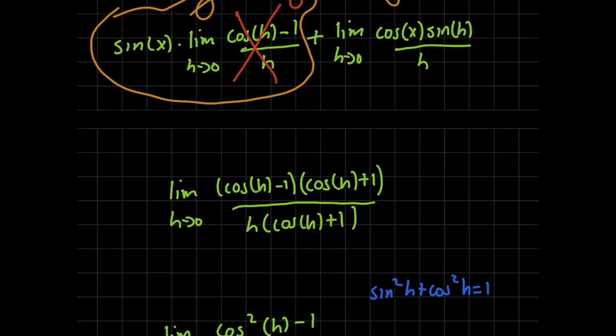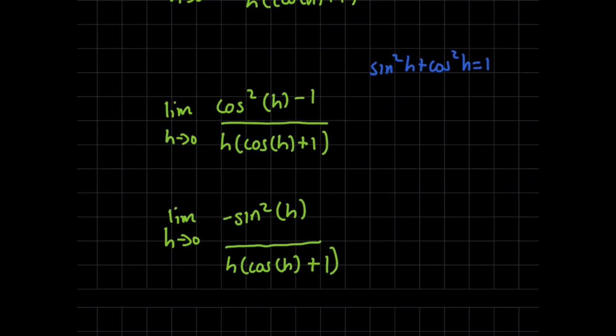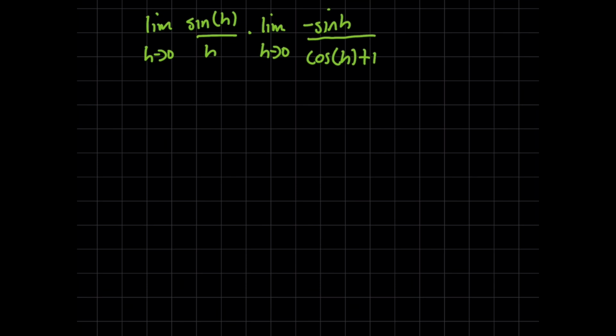So now I'm just going to write that limit down here. We have the limit as h approaches 0 of cosine of x sine of h all over h. And now we need to show, hey, this simplifies to cosine of x.